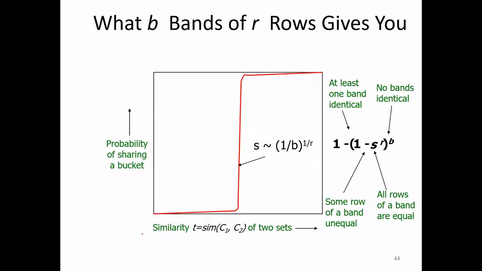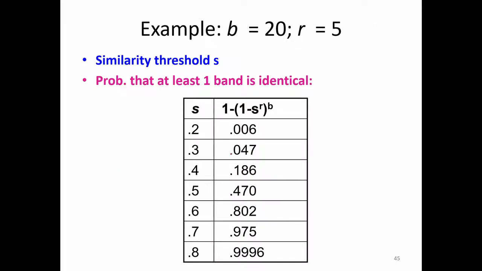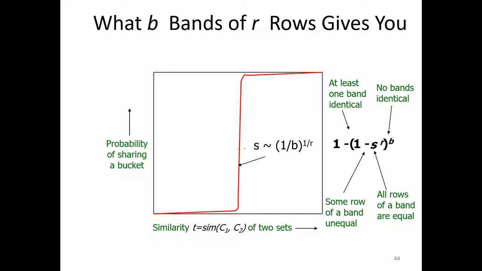Now the curve of that particular plot looks something like this. Here this should be t. We have done this calculation, so I'm not going to repeat it, but the curve looks like this.